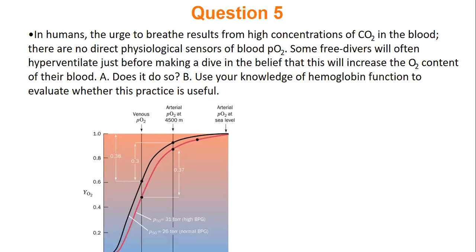Like I said, we talked about this last week, but if any of you ever want to become a free diver, or any of you are a free diver, generally you don't want to hyperventilate before you go and hold your breath, because that will decrease the amount of oxygen you have in your blood. So that is just opposite.